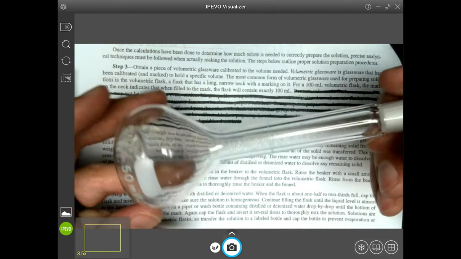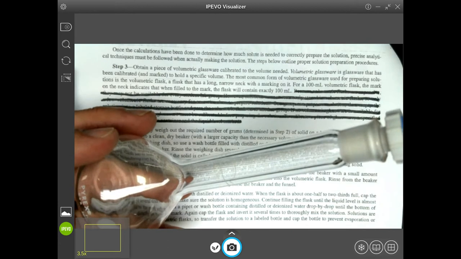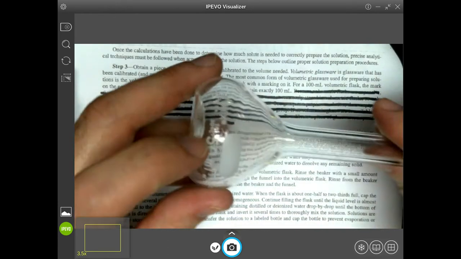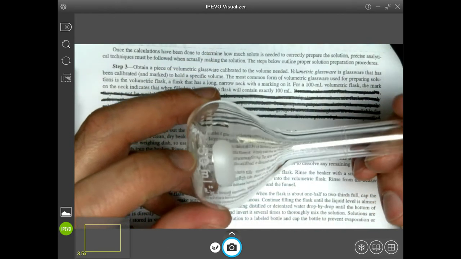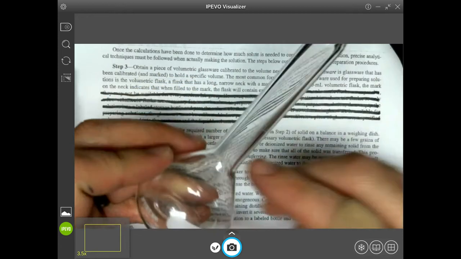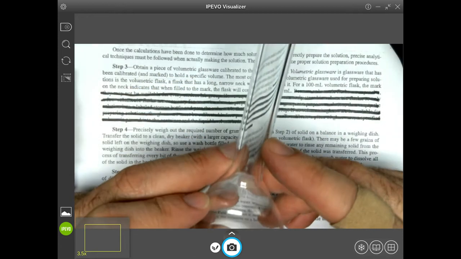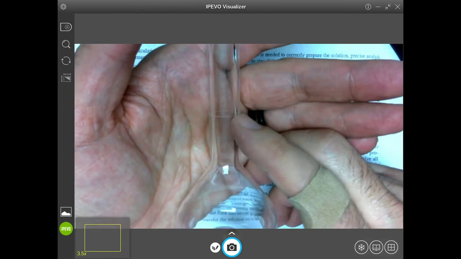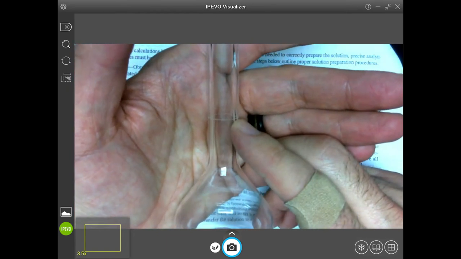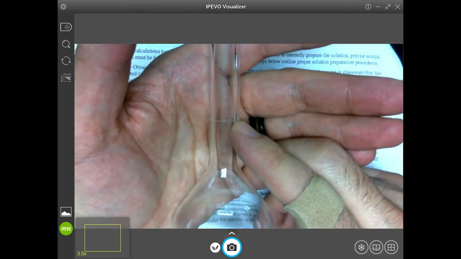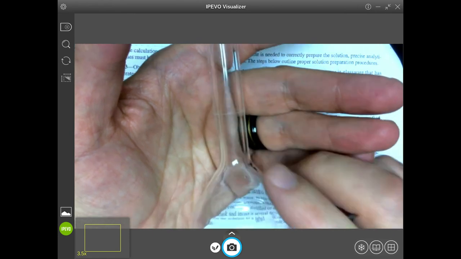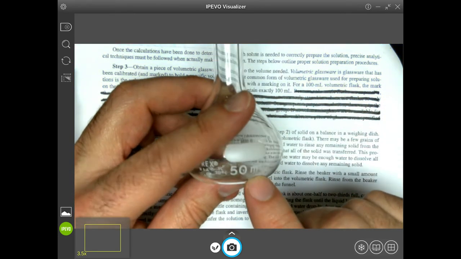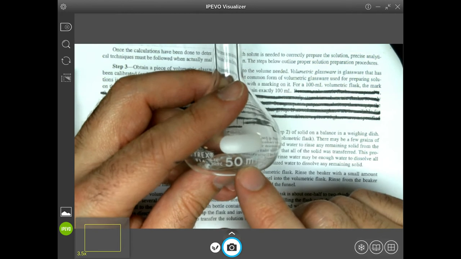So if you look at it, some of you have 50s like this, some of you have the hundreds. It tells you down here what the volume is, right? And then there's the only mark on the whole thing, one line on the neck. Everybody see that line on the neck? That line represents the volume that is on the flask.